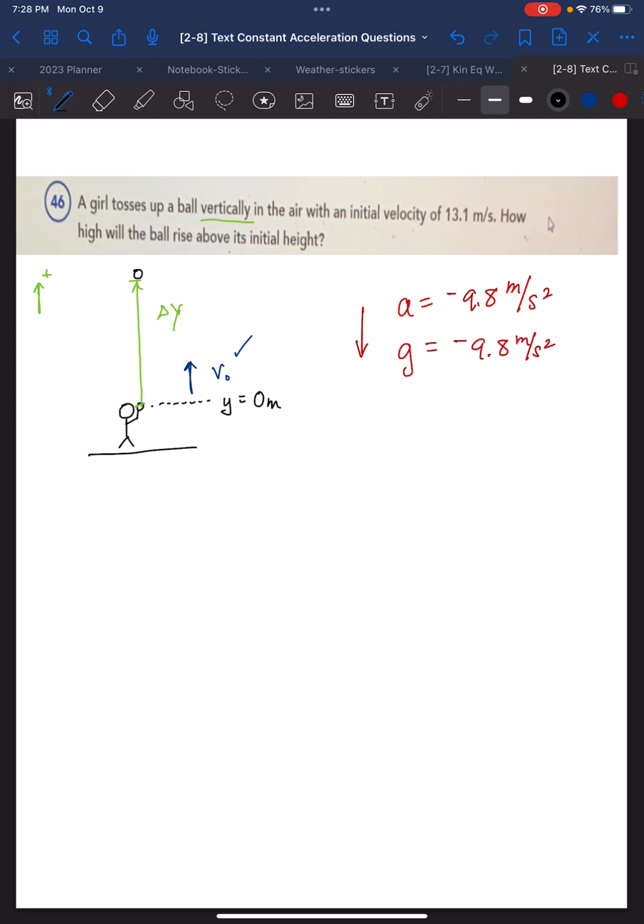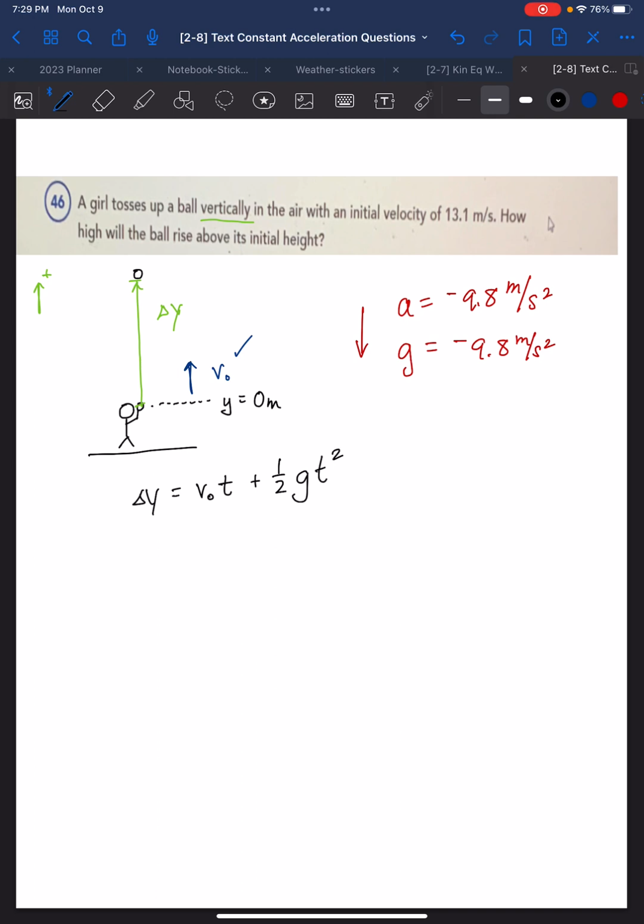The one that goes something like delta y equals the initial velocity times time plus 1/2 acceleration, which is g, t squared.